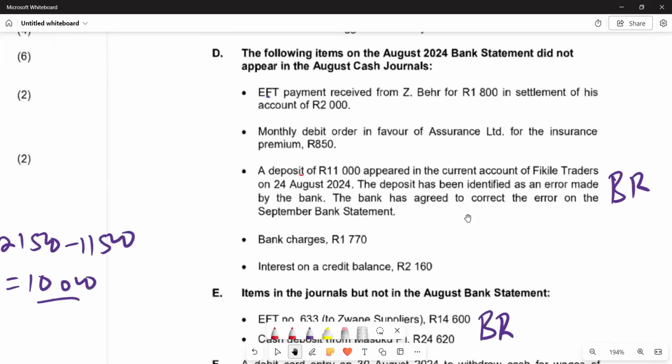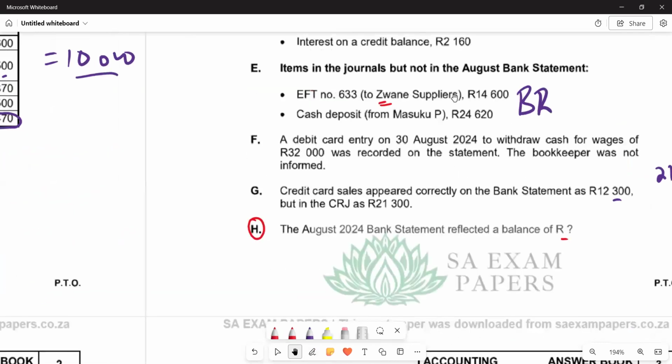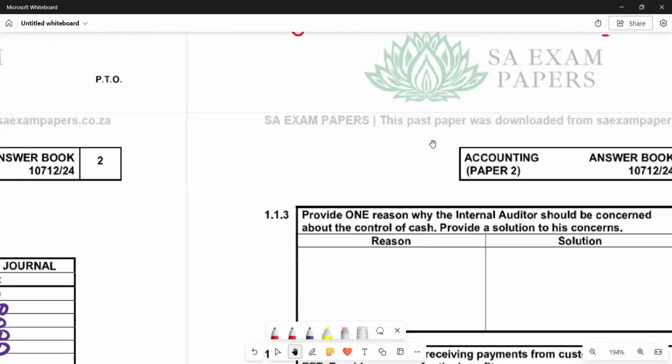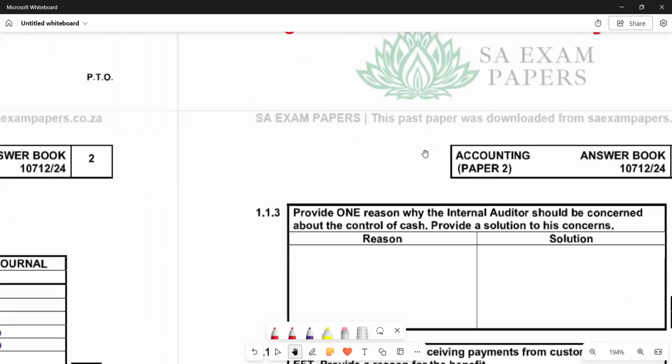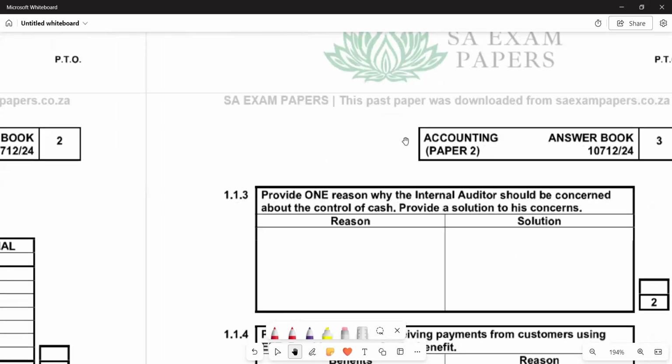So let's go there on the other section. So the concern is that there is cash missing on 23 July 2024.